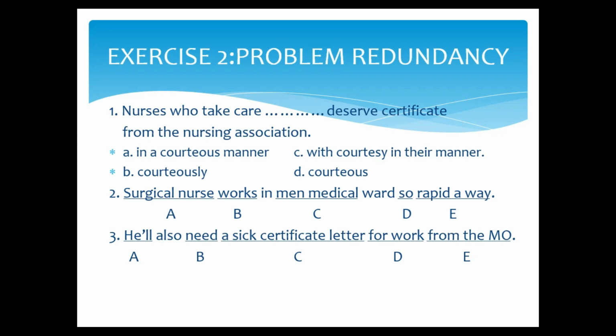Surgical nurse work in medical ward, show rapid away. What should the answer be? The answer is E. Okay, this is incorrect. So the correct sentence: surgical nurse work in medical ward, show rapid, without away.